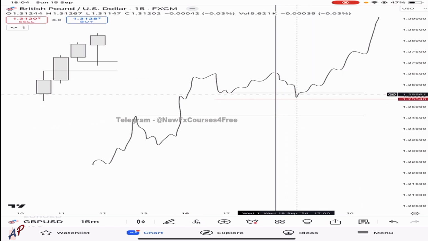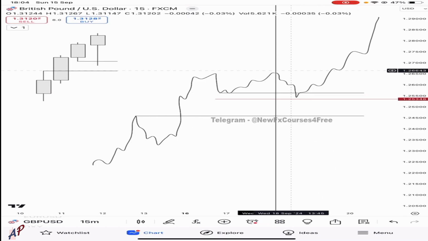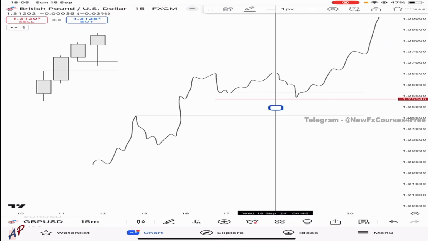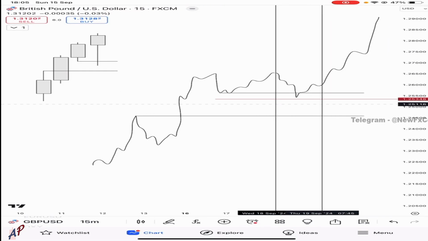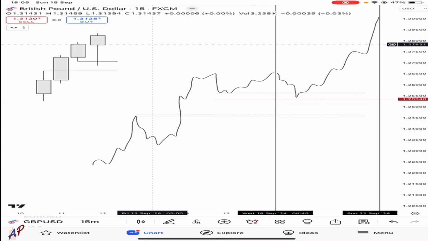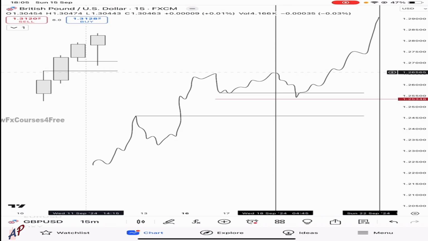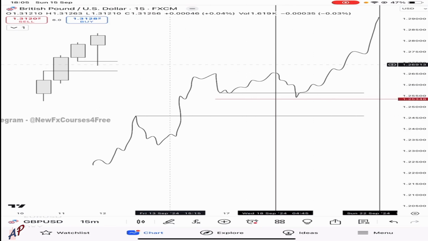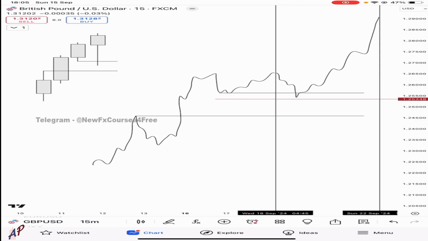So you enter here at the gap and you can target obviously the high that broke the low, or wait for, like I do always, the range of the candle to play out. So in this case, look, higher time frame view, lower time frame view. This is model number 2, also very simple and effective, I would say.